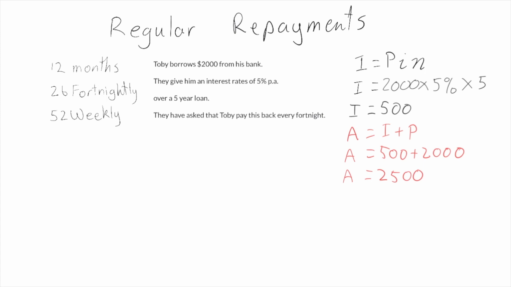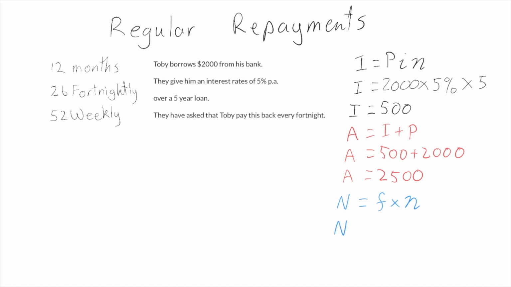Now we start to get into our regular repayments. Before we can actually calculate regular repayments, we need to know how many payments there are going to be. You can use whatever kind of algebraic notation you want to keep track of which one this is. I like to say, again in a different color, capital N is the number of repayments we are going to have to make over the course of this loan. That is equal to our frequency of repayments times little n, which in this case is the term of our loan, which is 5 years.